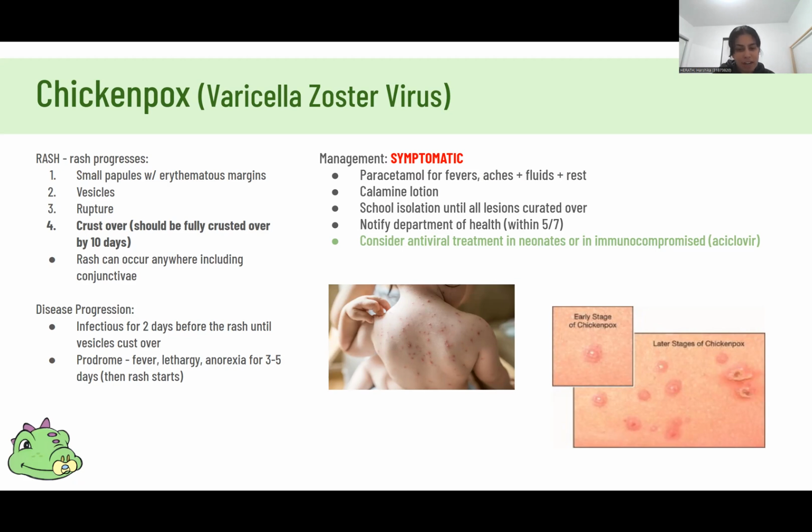It's a very itchy rash, which is why we use things like calamine lotion specifically on the spots themselves to reduce that itching and reduce the pain associated with the rash. The rash is no longer infectious once the vesicles crust over, and that should happen by about day 10. That's when the infectious period stops and the child can ultimately go back to school.